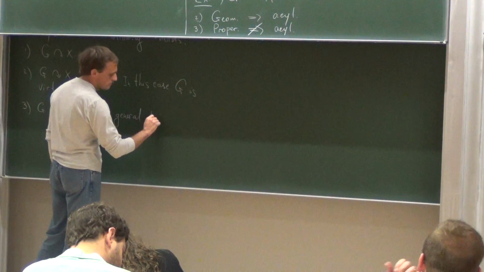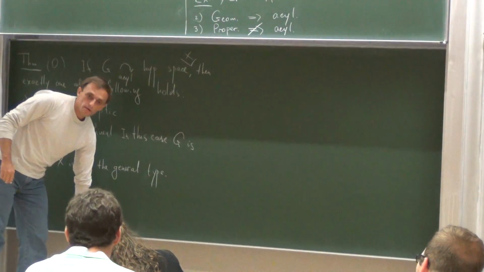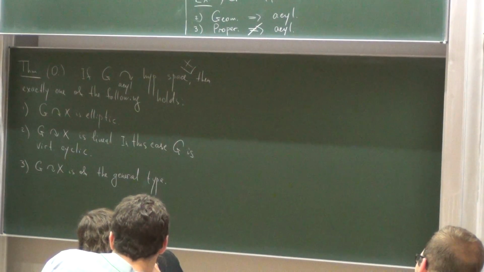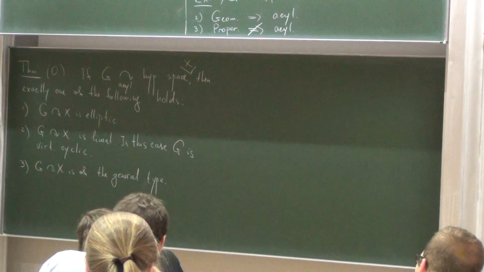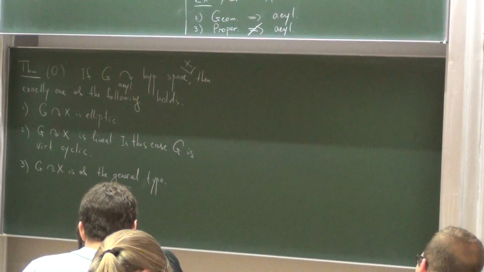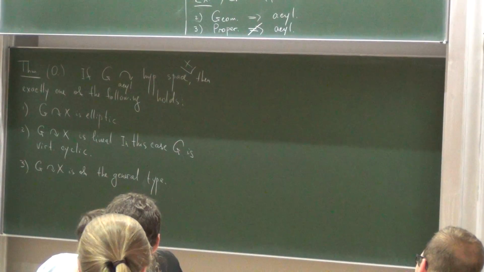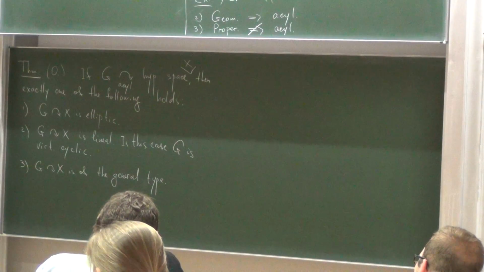So let's compare this result to the two results we had before. First of all, if you compare it to the result about classification of all possible actions, what you see is that parabolic actions and quasi-parabolic actions are prohibited. They cannot be acylindrical. That's the first observation.